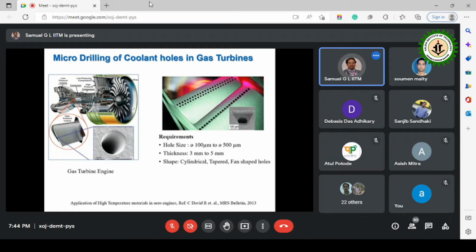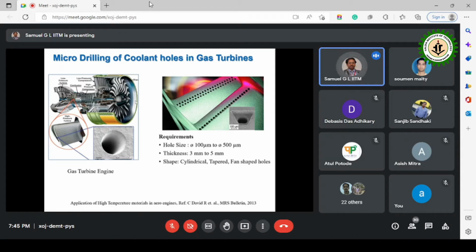First, they coat them with what is called TBC, thermal barrier coating. Thermal barrier coating means the heat will not reach the metallic part. They use a ceramic type of zirconia and different materials, and then coat that.